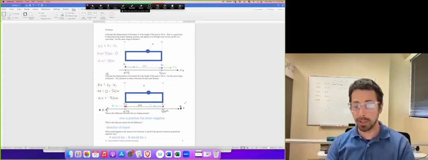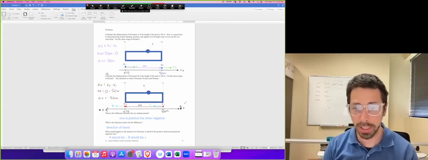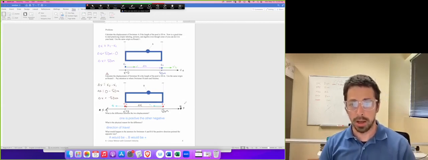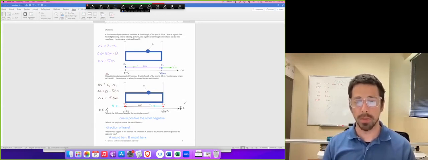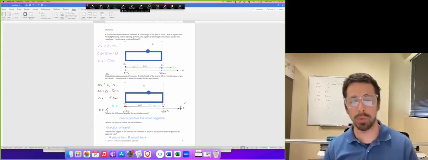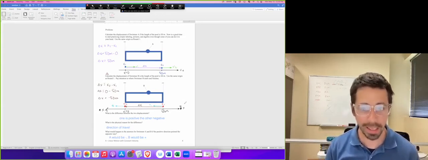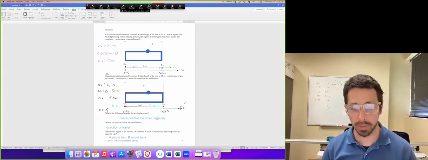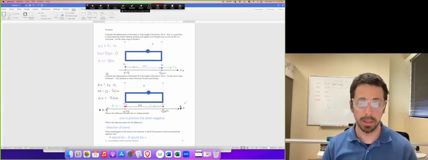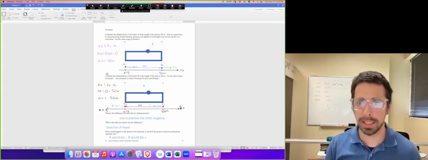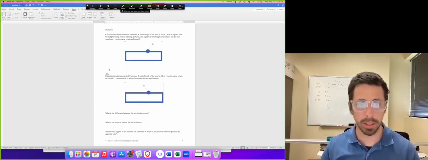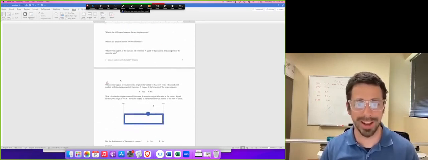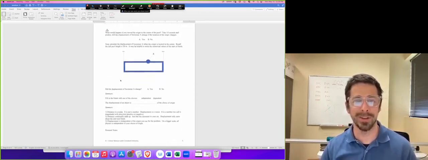The displacement will not change. And actually the number won't either. It will always be 50 meters. But one will be negative, one will be positive, indicating the direction that the displacement has taken place. If you need to rewind that to take it in again, do it. We're going to continue to move forward because you can rewind and listen again if you need to.